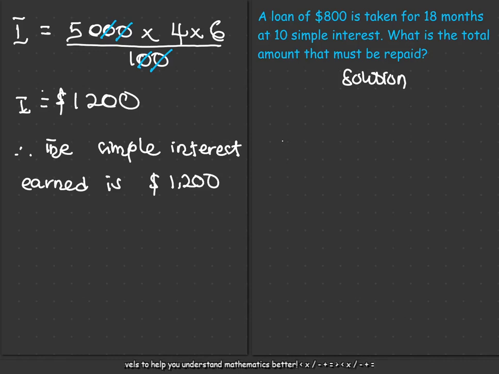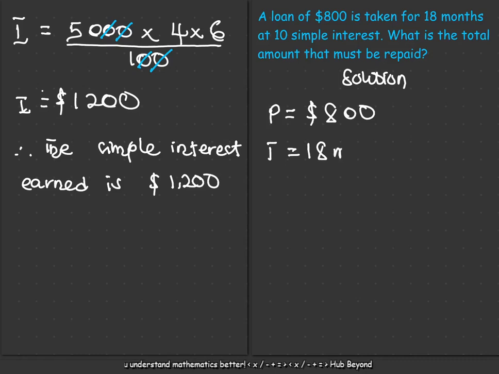You see, then you know how much in total you would have to give back after the loan period. So we have our principal here, first of all, being your $800. And then it was taken for 18 months. That is the time. So our time is 18 months.